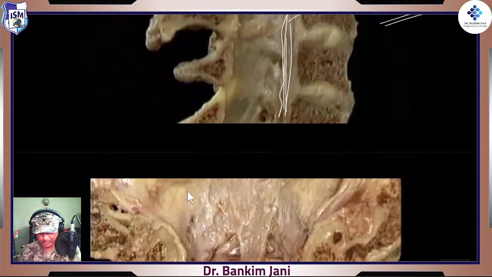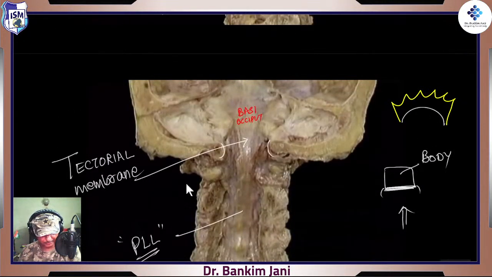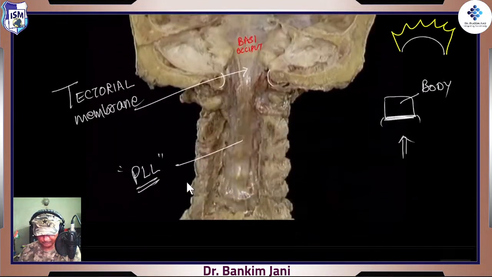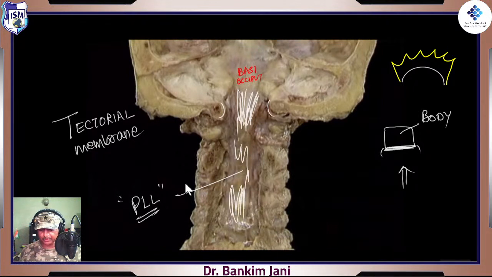Just for the reference, let me take you back so that it is completely clear what we are talking about. See, in this image, this is the tectorial membrane, and then this goes all the way to the posterior longitudinal ligament.